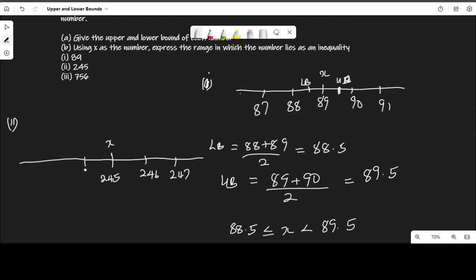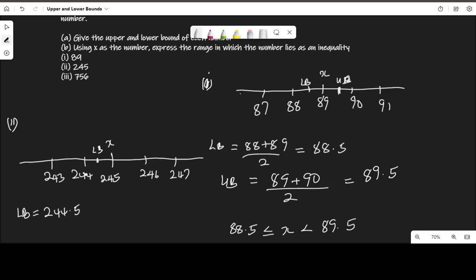The number before 245 is 244. The number before 244 is 243. So the lower bound of this number, 245, is the number between 244 and 245. Let's call it LB. LB will be 244.5.